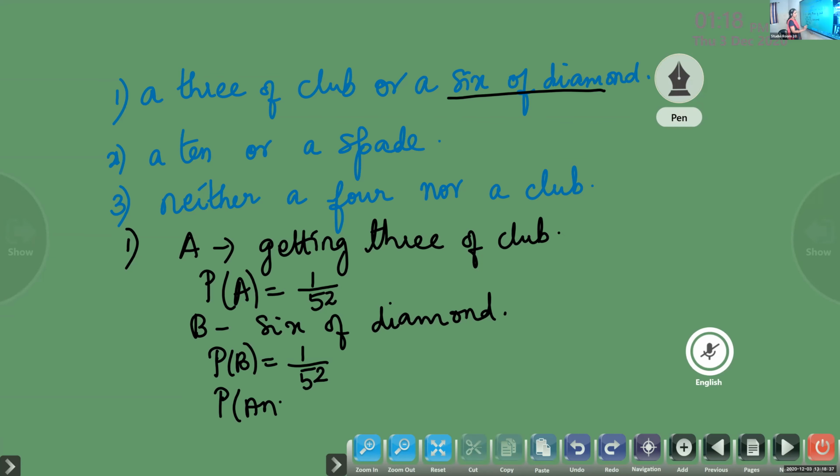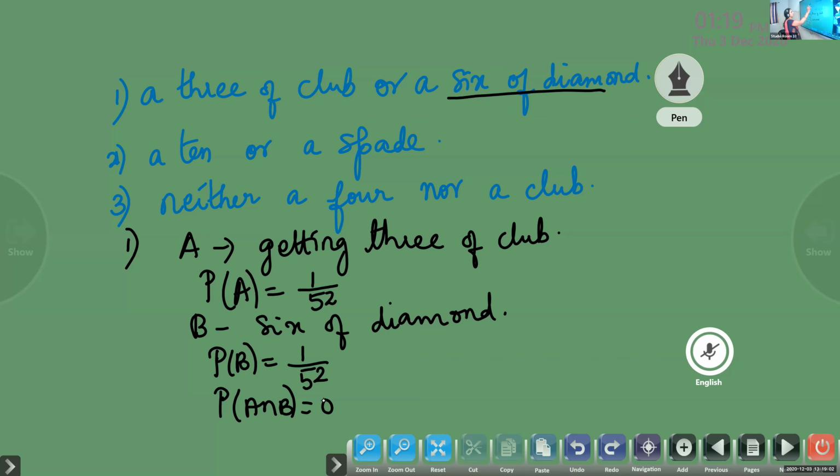Is it possible to get a 3 of club and a 6 of diamond in the same card? No, ma'am. So P of A intersection B will be 0.